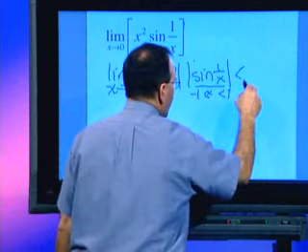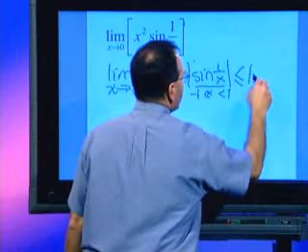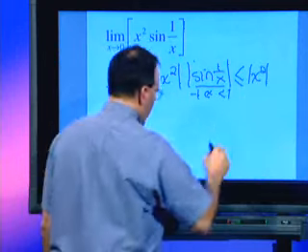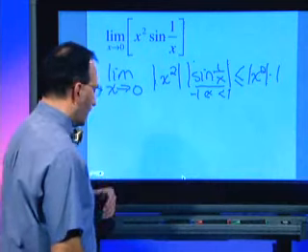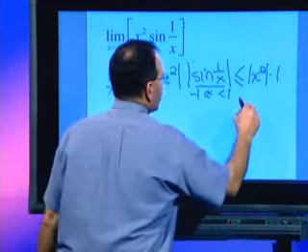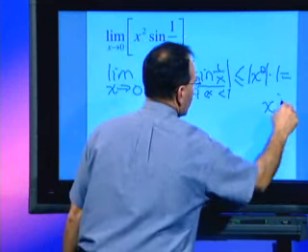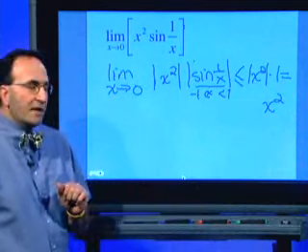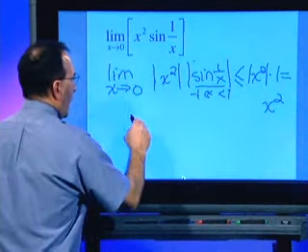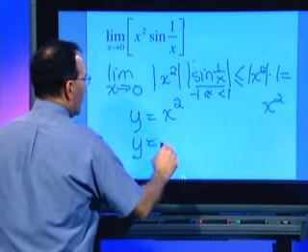So we can say that this is going to be less than or equal to just plain old x squared times 1, which of course means that it's simply equal to x squared.